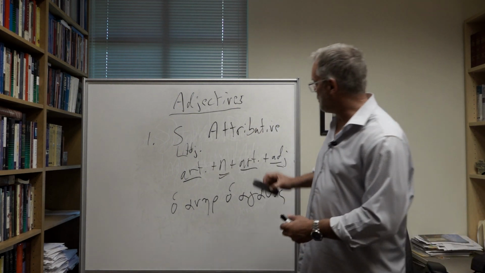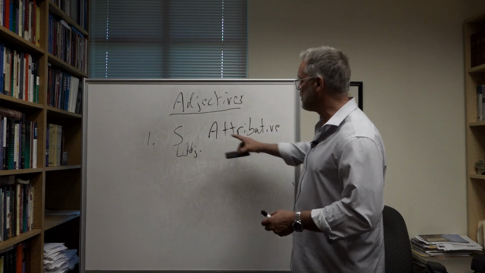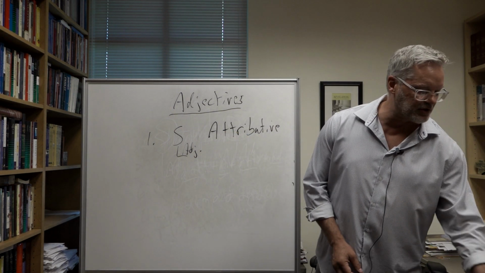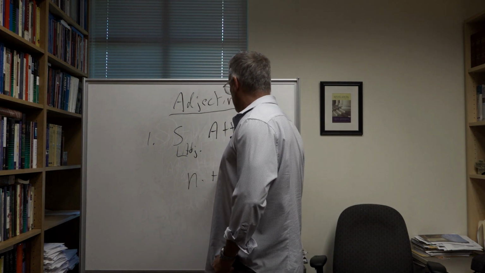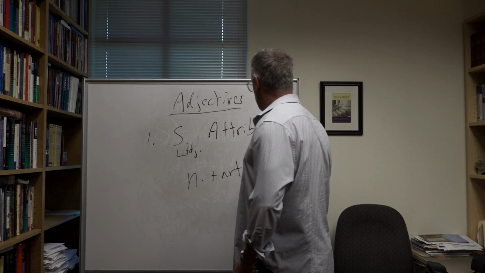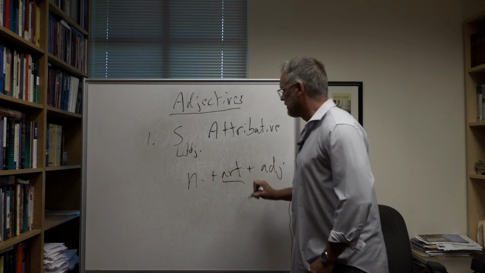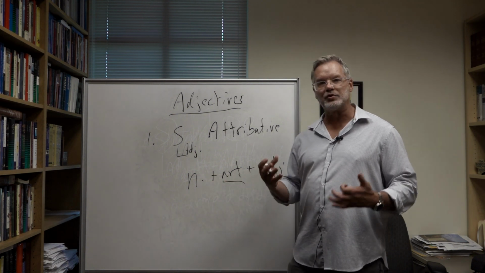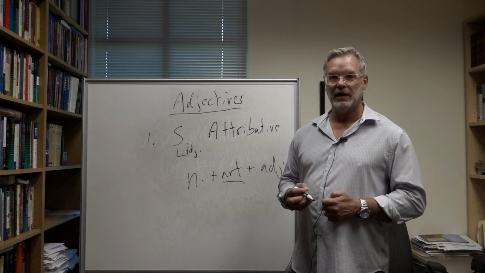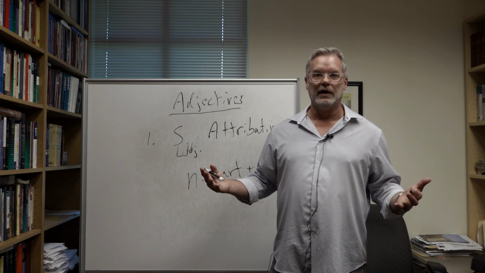And then a third one that you'll find in the New Testament, still under the attributive use of the adjective, is noun, article, adjective. So there's your article, and notice again, the article still comes right before the adjective. In this case, the noun comes first, but it lacks an article.